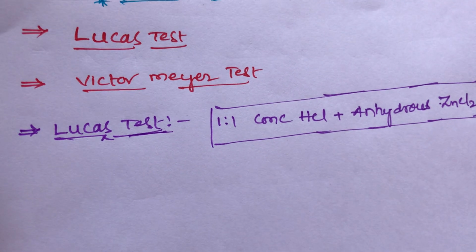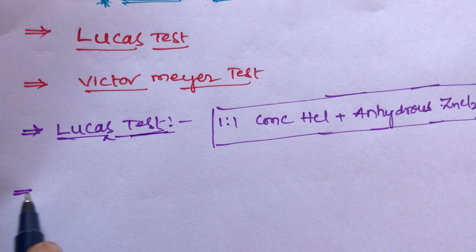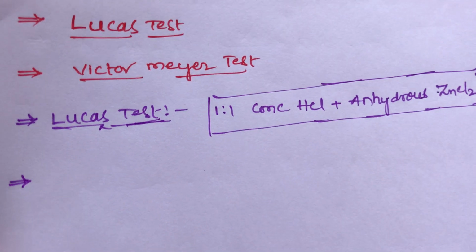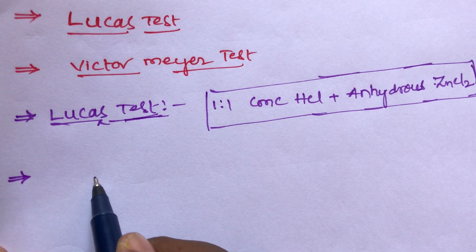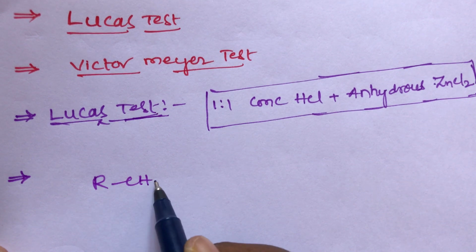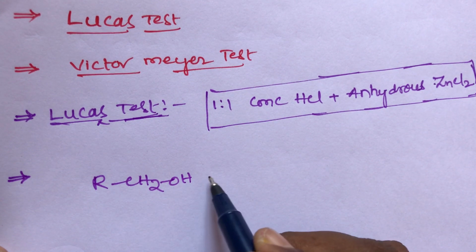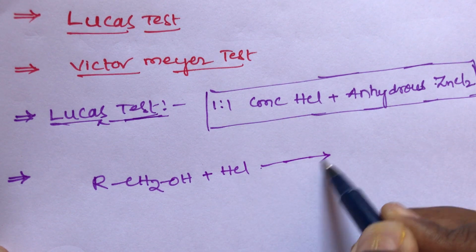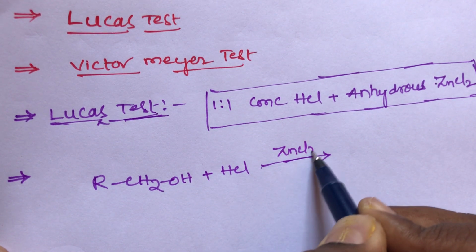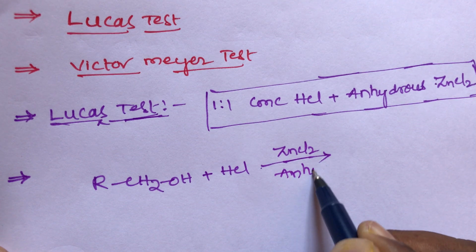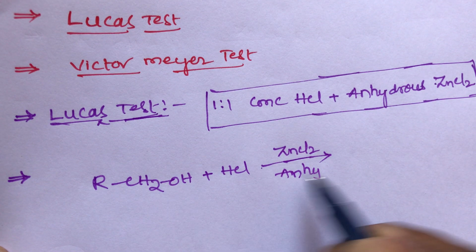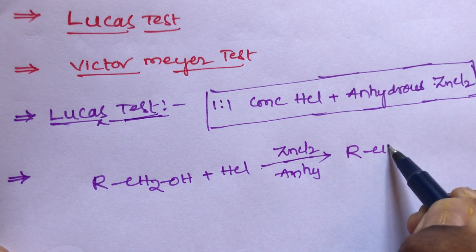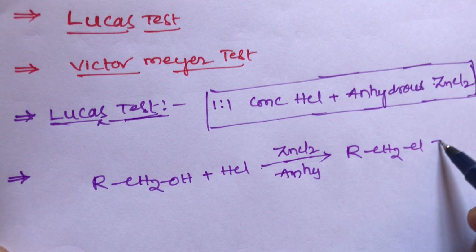Now first, identification of primary, secondary, and tertiary alcohols. Take the primary alcohol example, RCH2OH. RCH2OH reacts with hydrochloric acid in the presence of anhydrous ZnCl2 to give RCH2Cl plus water.